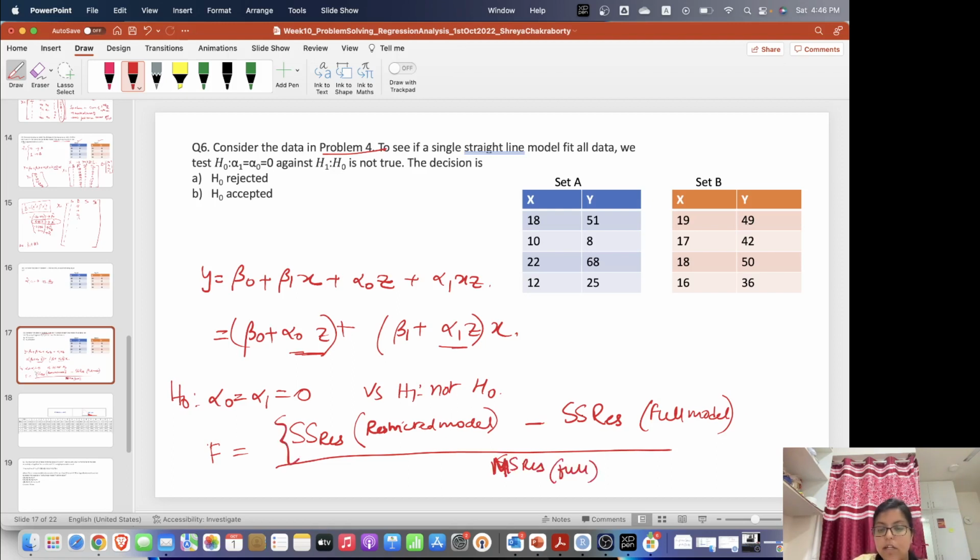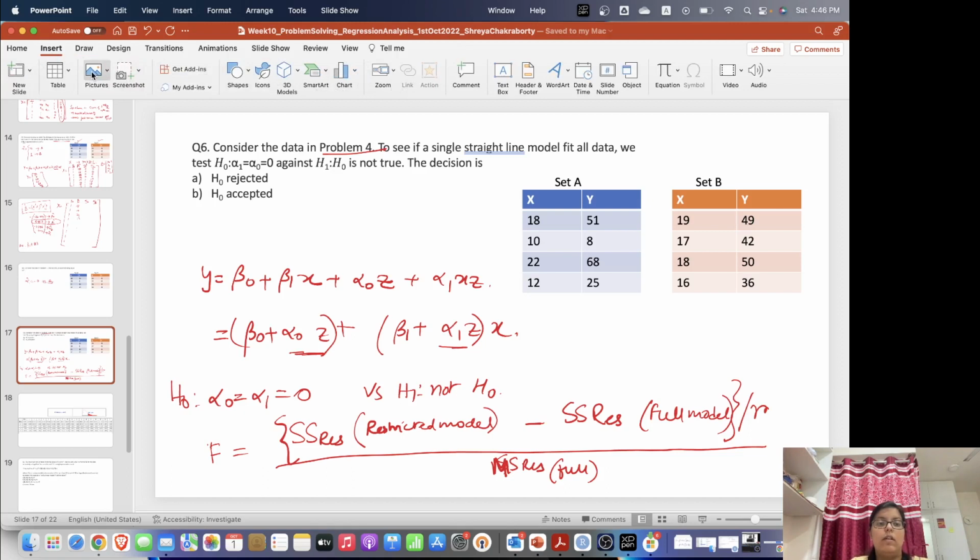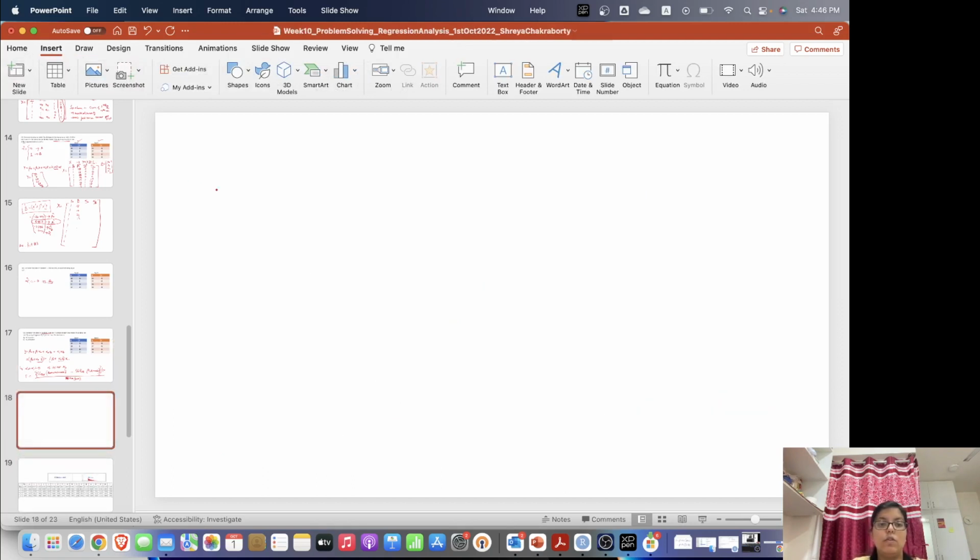This was the extra sum of squares F statistic to test our hypothesis together.